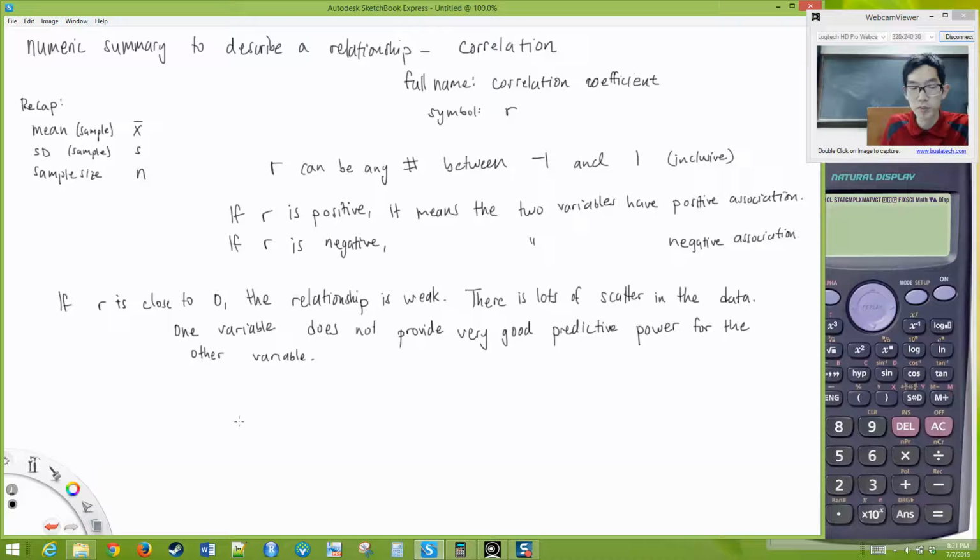And on the other hand, if R is far from 0, the relationship is strong. There's little scatter in the data.